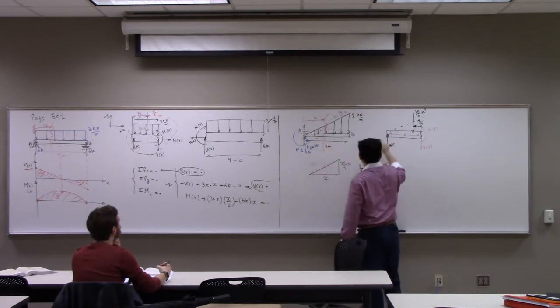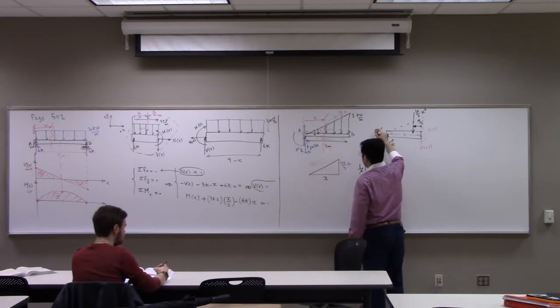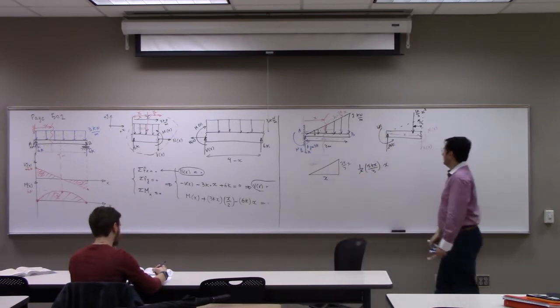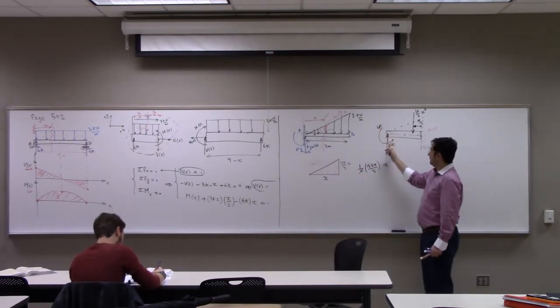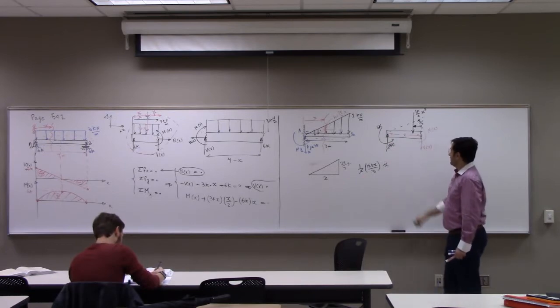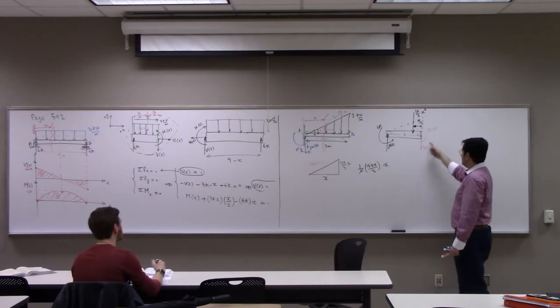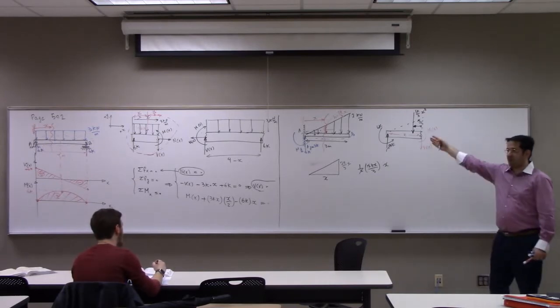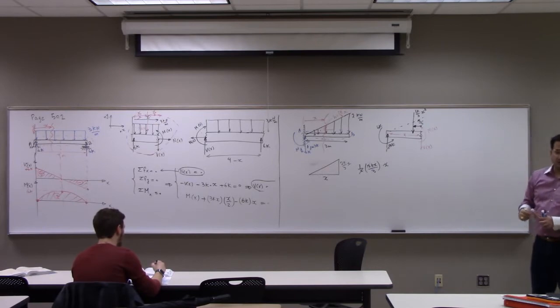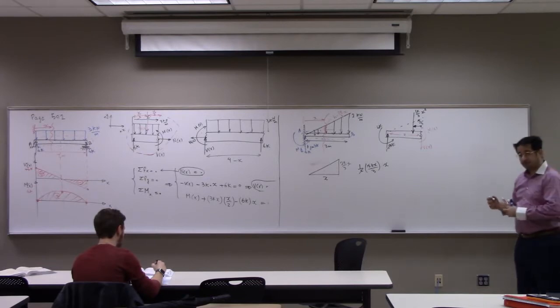It goes up, and then I have another, let's put it this way, 6 kilonewton meter, the moment. So the moment is 6k, the force is 3k. And the beam does not weigh anything, so I replaced the distributed load and the shear force and everything. That's my FBD, right? You have to make your FBD before writing equations. If I don't see FBD, I'm not sure if you understood it or not in the exam.